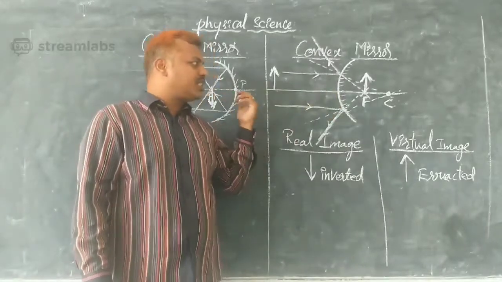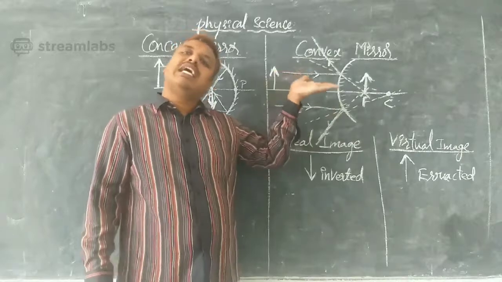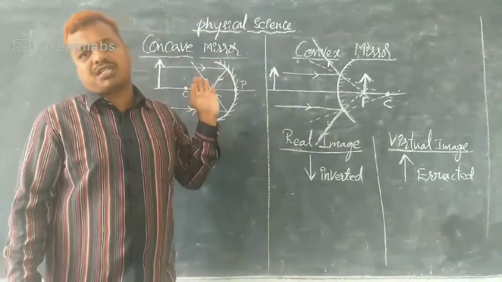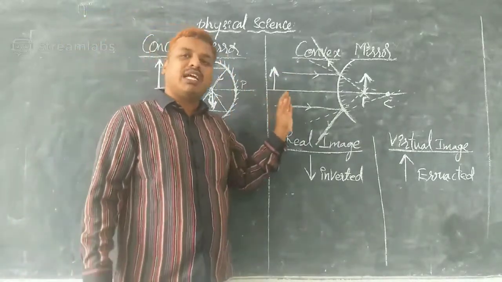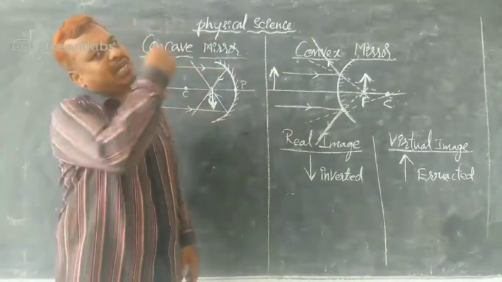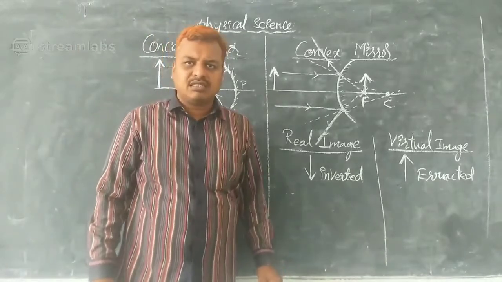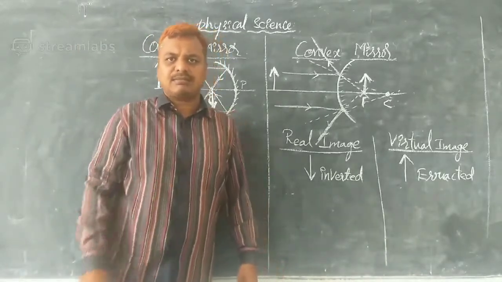Due to this, light rays come onto the surface of the mirror and get diverged. Due to the diverging of light rays, when they are extended, they form images behind the mirror, the other side of the mirror. Do you understand? Is that clear?